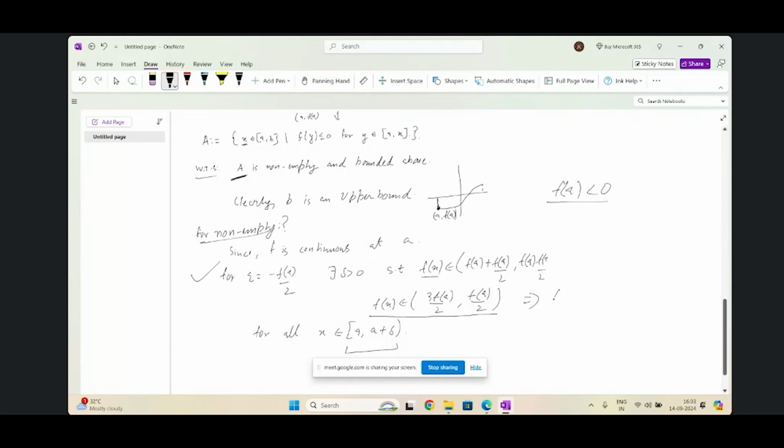It implies f(x) is less than or equal to 0 for x belongs to [a, a plus delta by 2]. Can I do that?